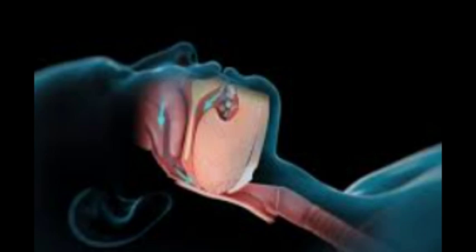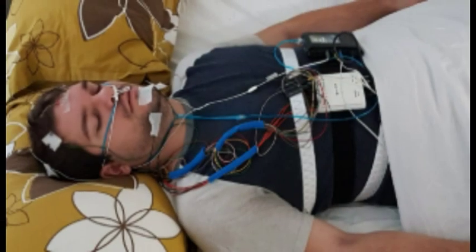Sometimes the number of apnea-hypopneas can be very high and the symptoms minimal. The definitive diagnosis is established by polysomnography, which includes the measurement of a series of physiological variables during sleep.